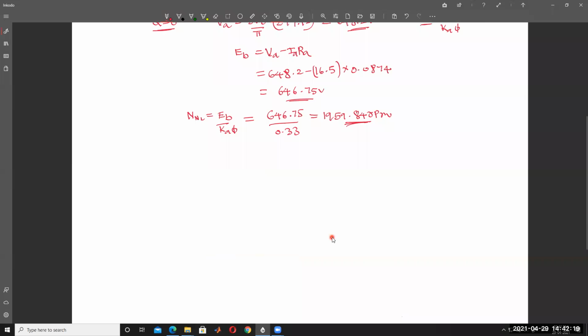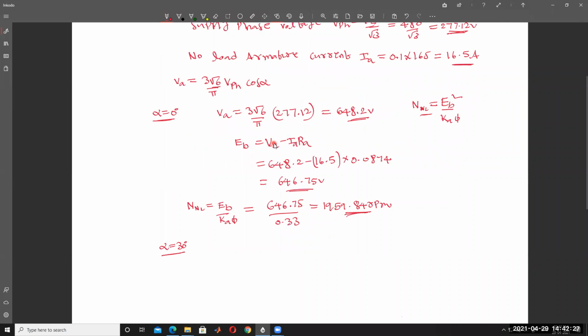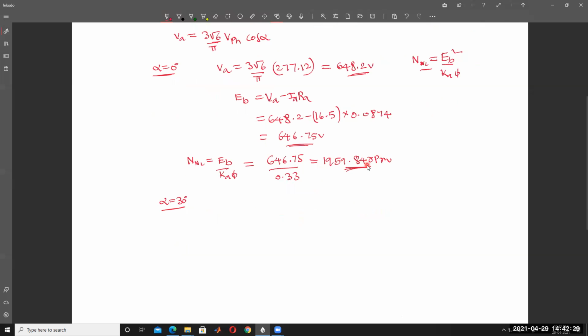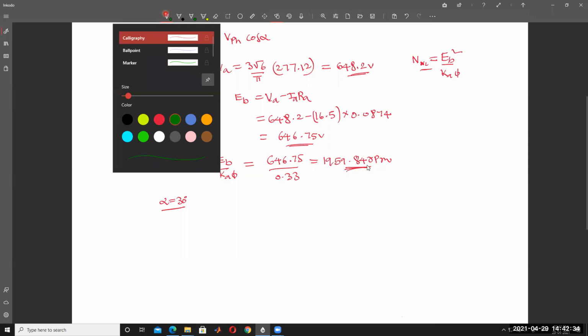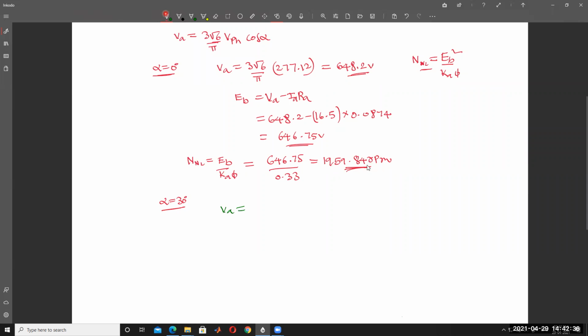Similarly, find for alpha is equal to 30 degrees. All of you do this first. First we need to find VA for alpha equal to 30 degrees. Do this problem fast. VA is equal to 3 root 6 by pi into V phase cos alpha.